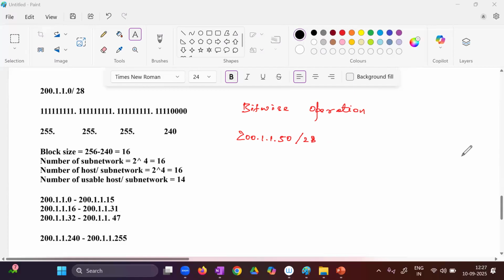Correct? Now you know that the first three octets of class C are fixed. What will be changed? The fourth one. So what you do, you write 50 in bit form. How will you write? 2 power 0 is 1, 2 power 1 is 2, 2 power 2 is 4, 2 power 3 is 8, 2 power 4 is 16, 2 power 5 is 32, 2 power 6 is 64, and 2 power 7 is 128.